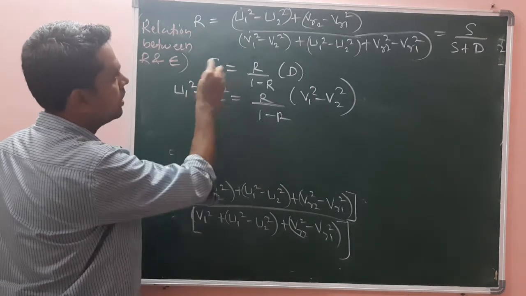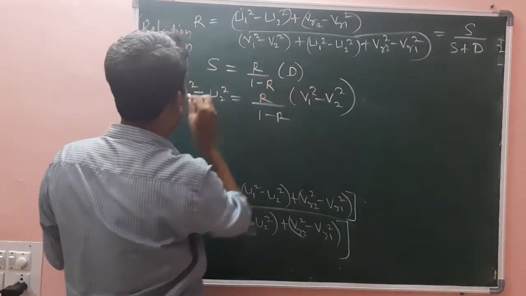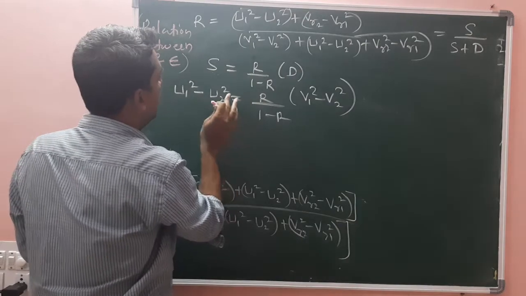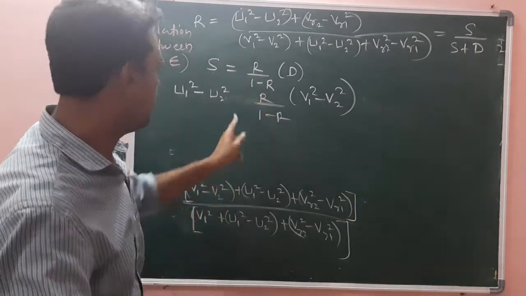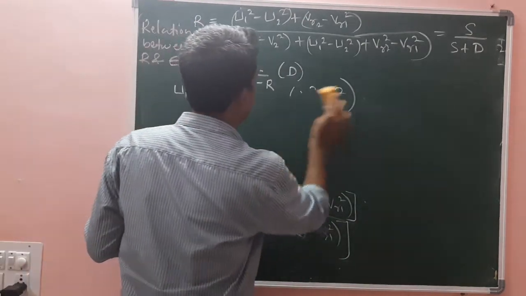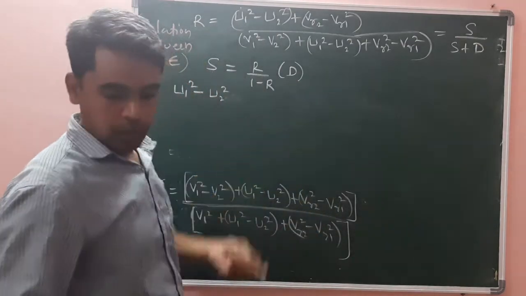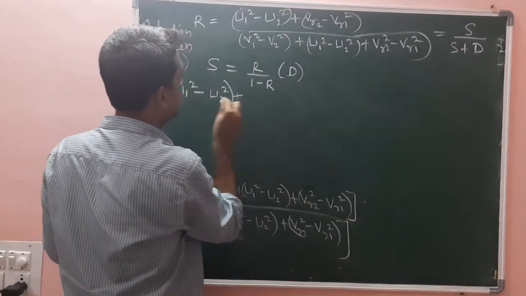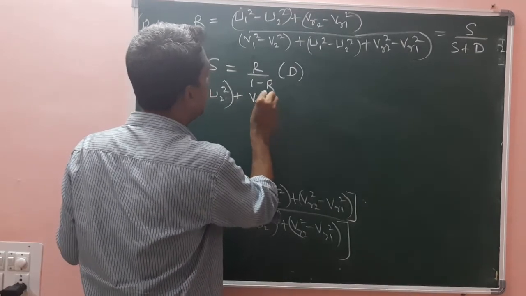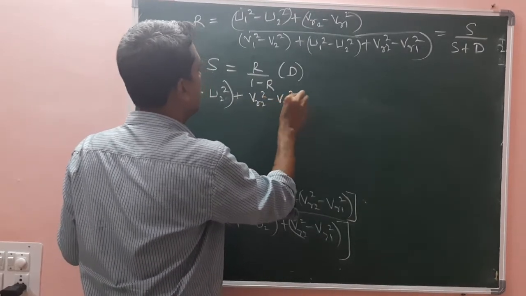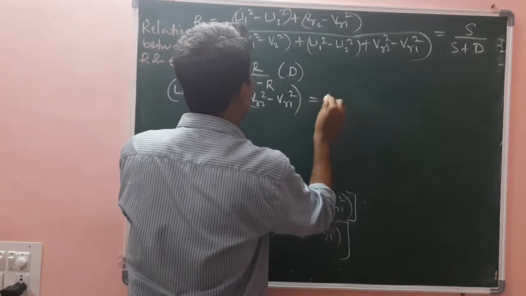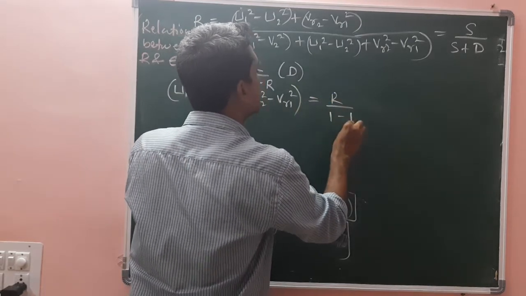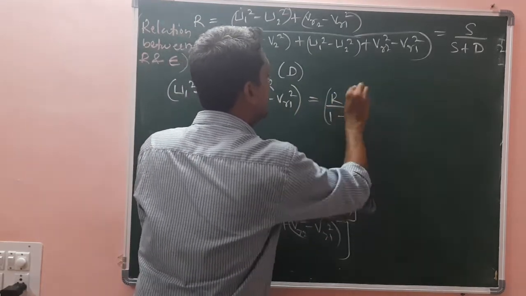Static component is u1 square minus u2 square plus phi r2 square minus phi r1 square, and it is equal to R divided by 1 minus R into D.